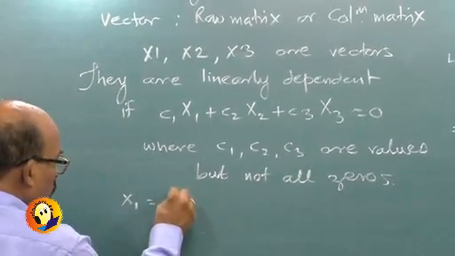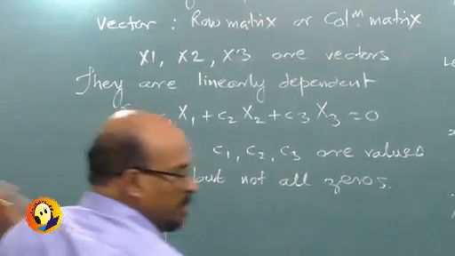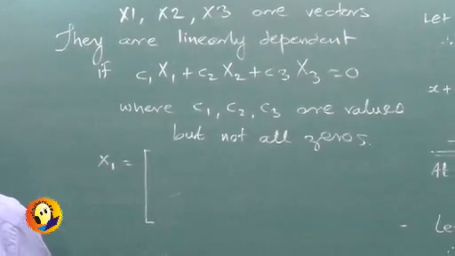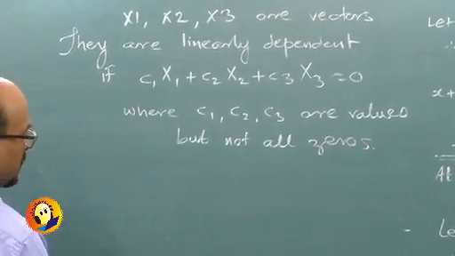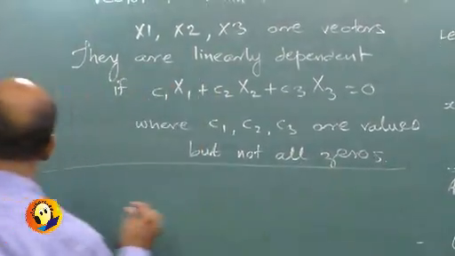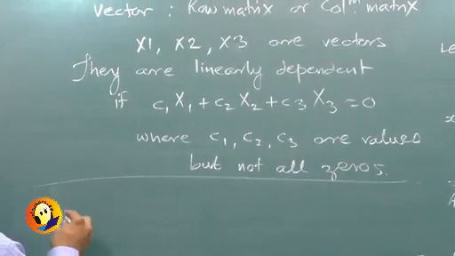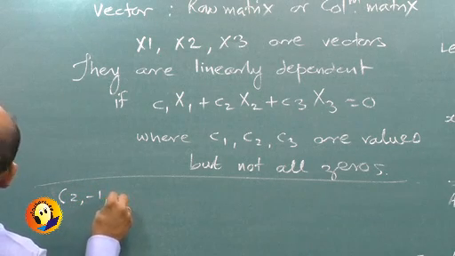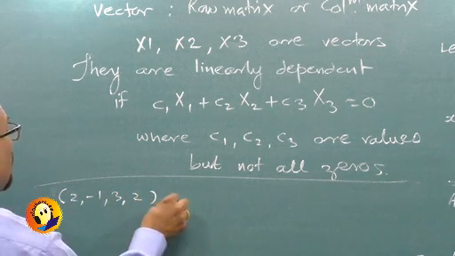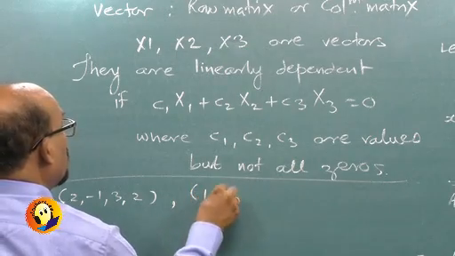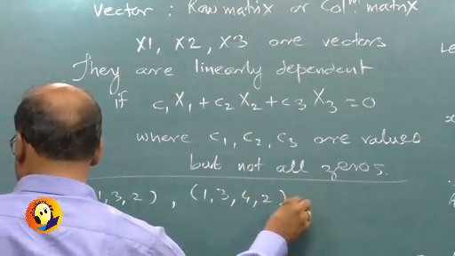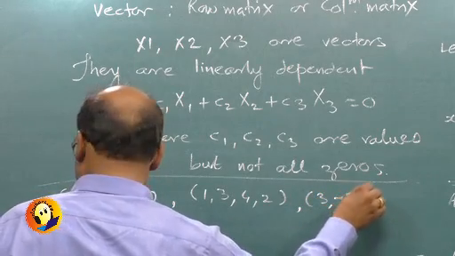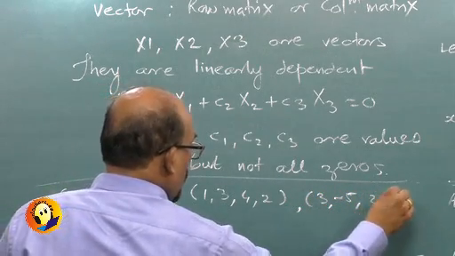Now here I am going to write it as, let me take the values themselves, say the vectors are given to us. Problem comes in this manner. Examine the linear dependence of 2, minus 1, 3, 2; 1, 3, 4, 2; 3, minus 5, 2, 2.